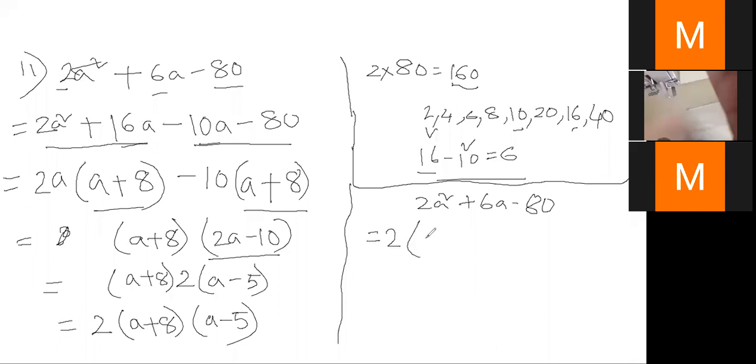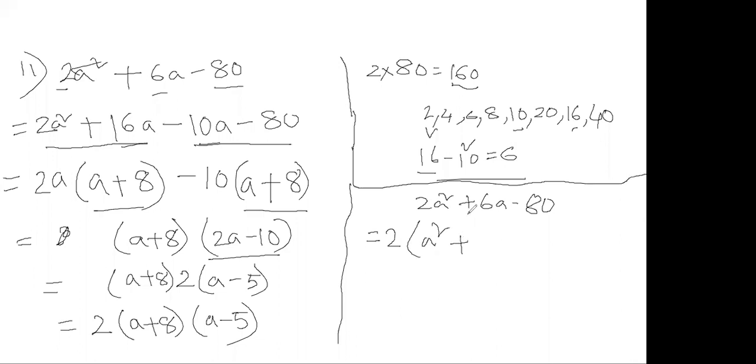So we write 2, then a square, then 6 divided by 2 is 3a, then 80 divided by 2 is 40. Then we could have done middle term factor for a square plus 3a minus 40 by keeping the 2 outside. Over here the coefficient of a square is 1, and the coefficient in the third term is 40. Just let me erase this part.